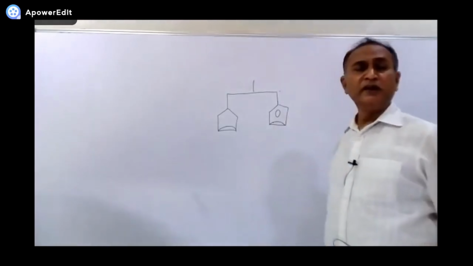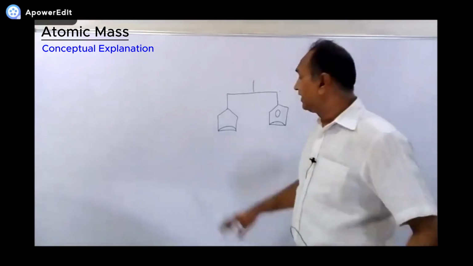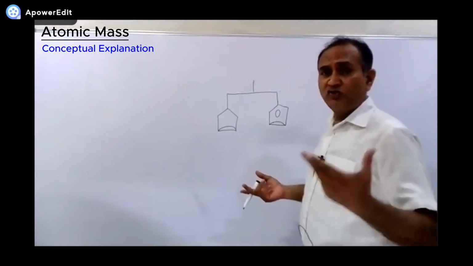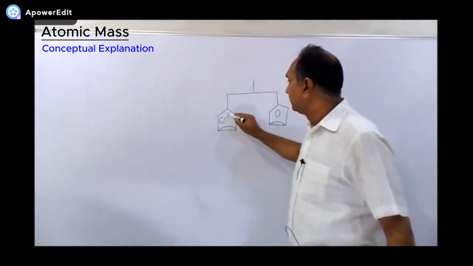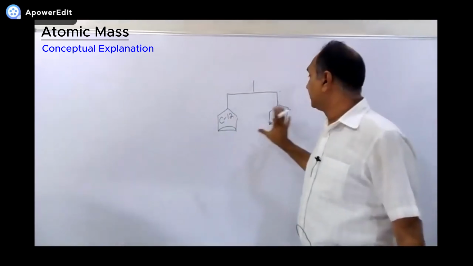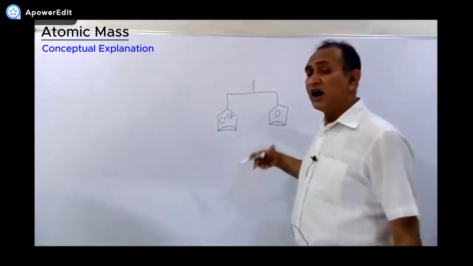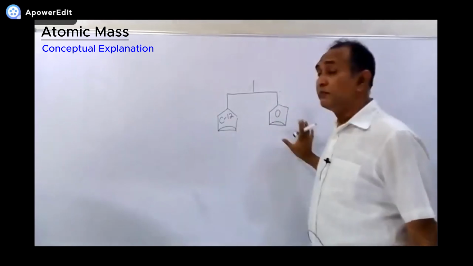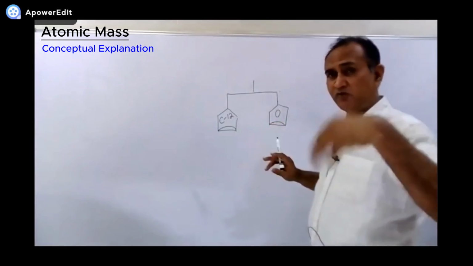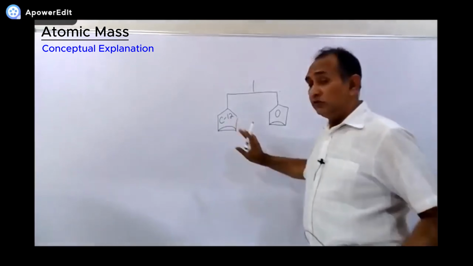Now, practically, we can't put our normal weights in this weighing machine. So scientists chose what? Carbon 12, an atom, to find out its weight. So all the weights are comparative masses. This is confusing. Okay, I'm trying to explain it.